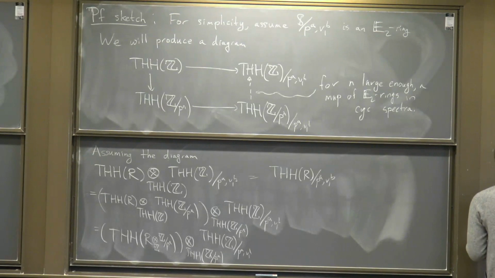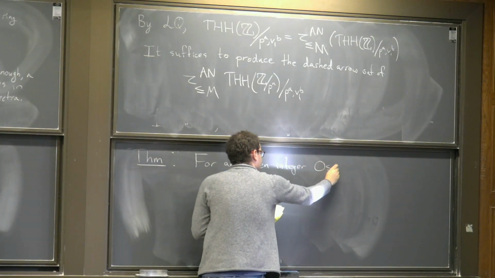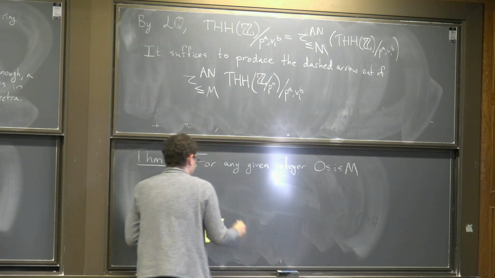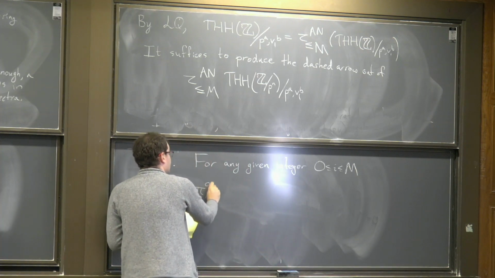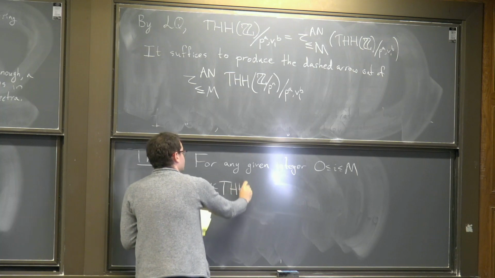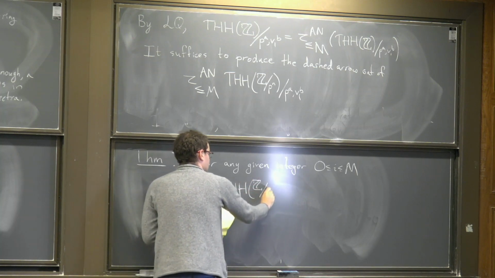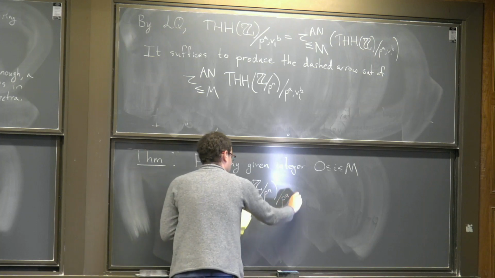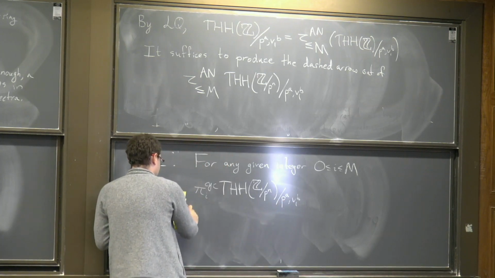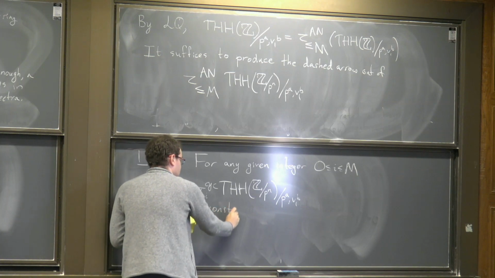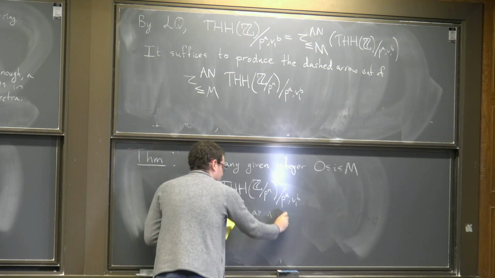So we reduce to the following more basic theorem, which is that for any given integer i, 0 less than or equal to i less than or equal to this truncation bound n, if I look at the ith cyclotomic homotopy group of THH of Z mod p to the n mod p to the a, v1 to the b, this is pro constant as n varies.